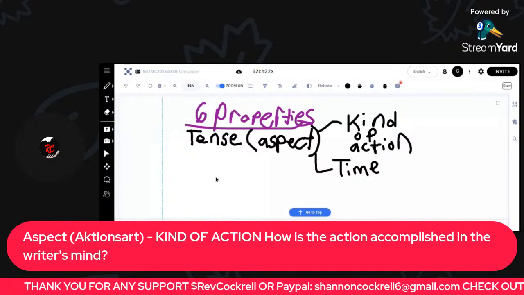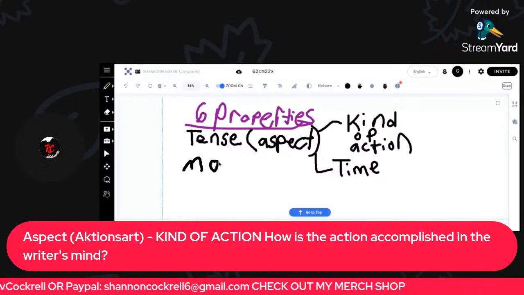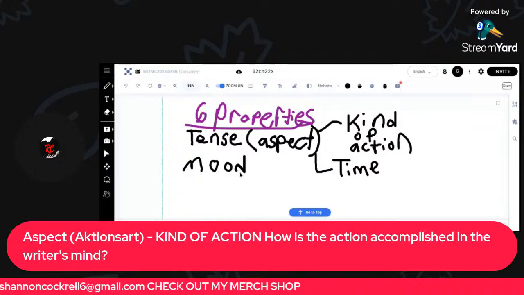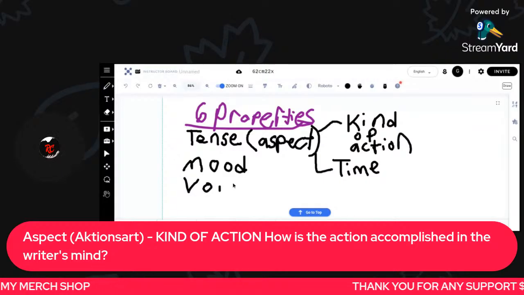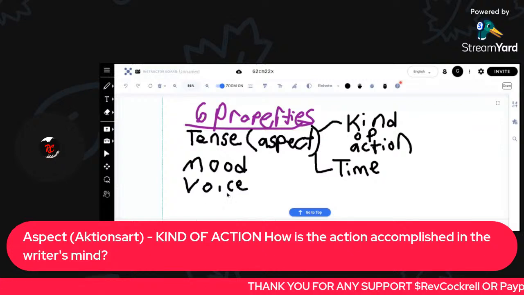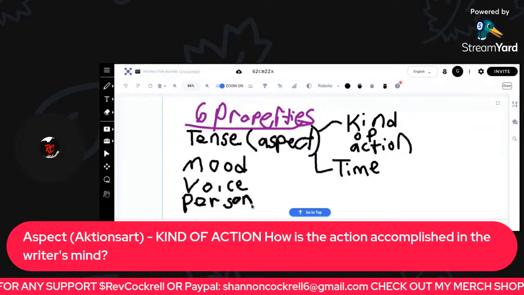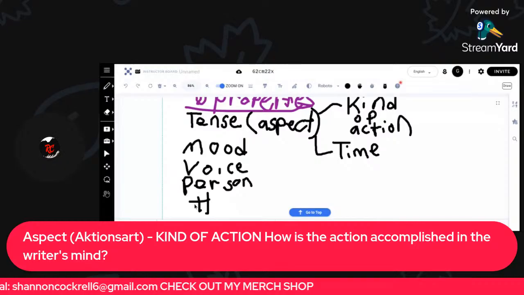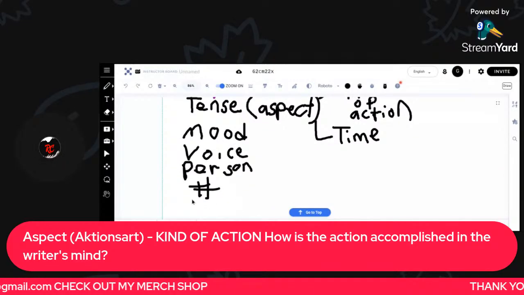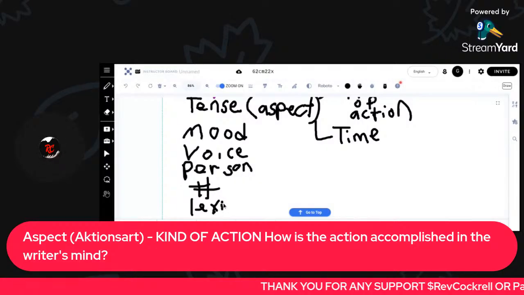So you have tense, and then you have mood, which we'll get into. Mood, voice, person, number, and the lexical form, how it is in the dictionary.